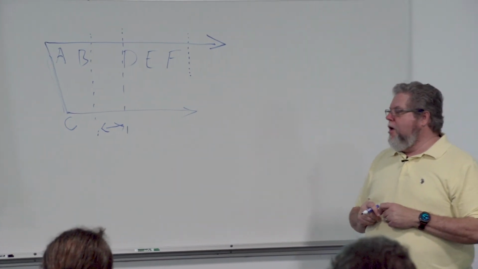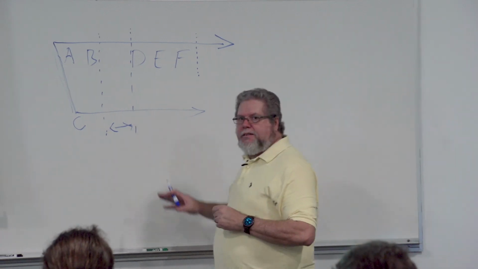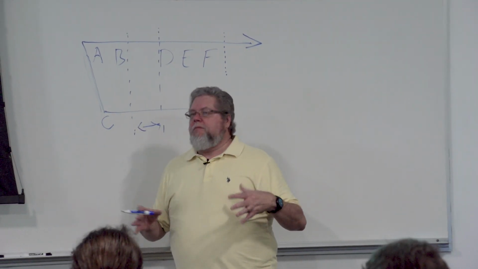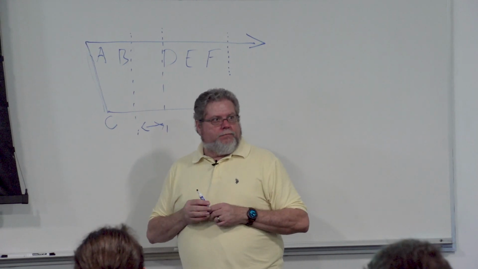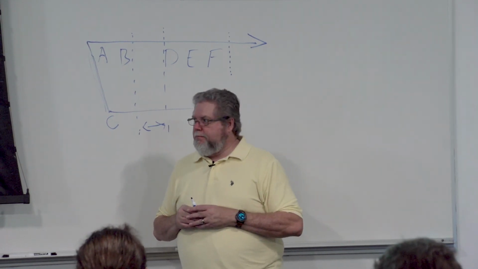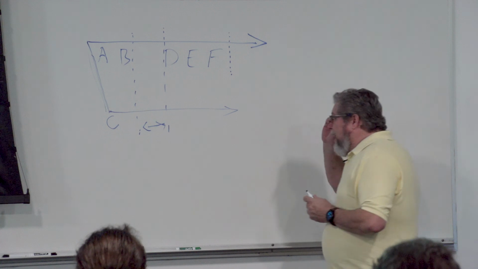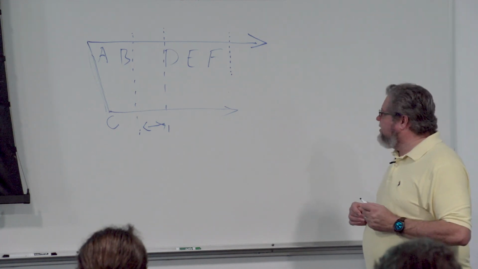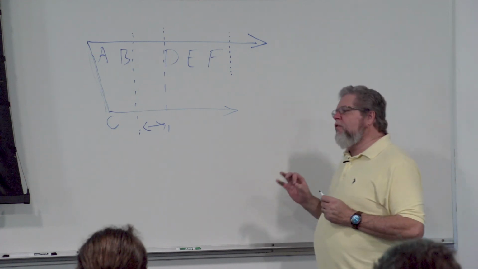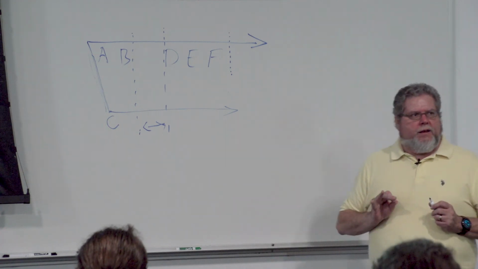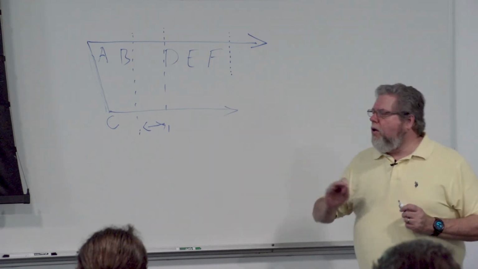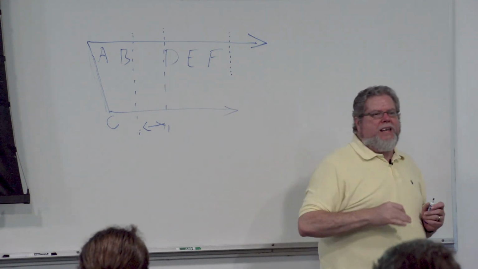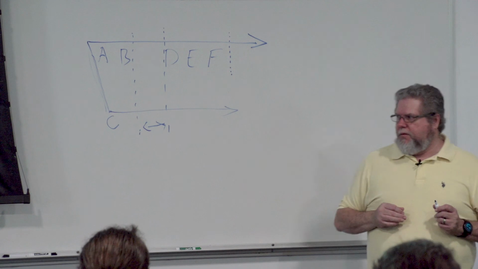Okay. The more things I can put onto other threads, the more threads I have running, the more work can get done in the same amount of time. Okay. That's the whole idea. The only problem with this is that in order for this to work perfectly, all of these things that I'm doing have to be completely independent of each other.